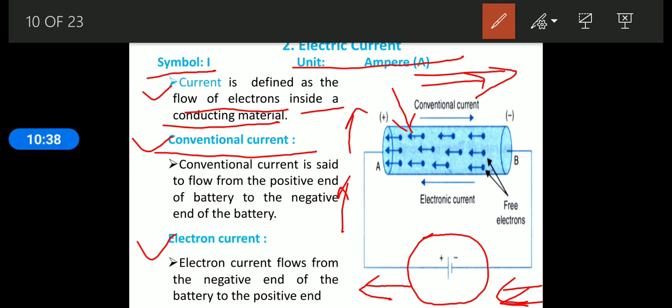Then what is the electrons flow? The electrons flow from the negative terminal of the external DC source to the positive terminal of the external DC source. That is, electrons flow from negative terminal to positive terminal of the external DC source.